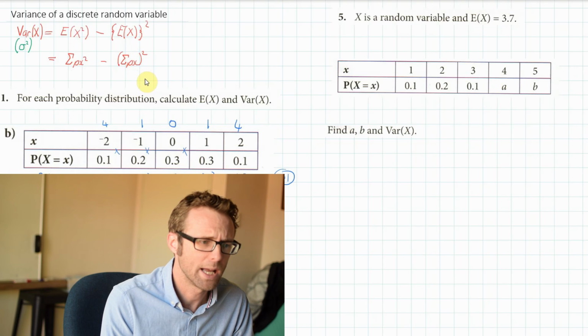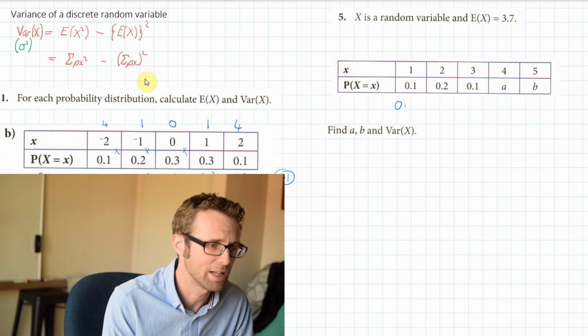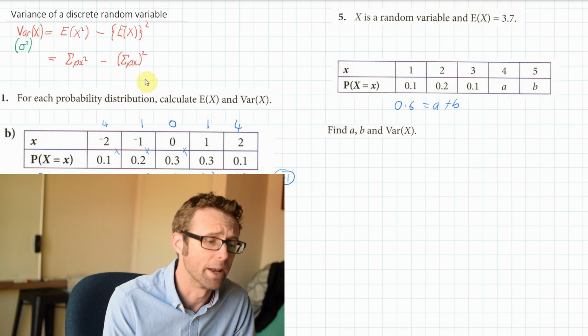So if I add all my numbers here, 0.4, 0.6 must be equal to a plus b, since all of these values need to add up to 1. So I'm going to put a is equal to 0.6 minus b. I'll just call this my first equation here.